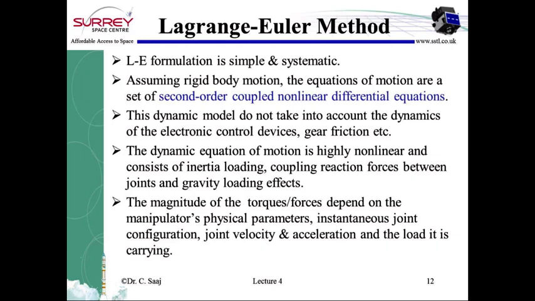The magnitude of the torque or the forces depends on the manipulator's physical parameters, such as the sizing of the links, the type of the actuators or the motors that we use, the instantaneous configuration of different joints, their joint velocities and accelerations, and also the type of the payload the arm is carrying.